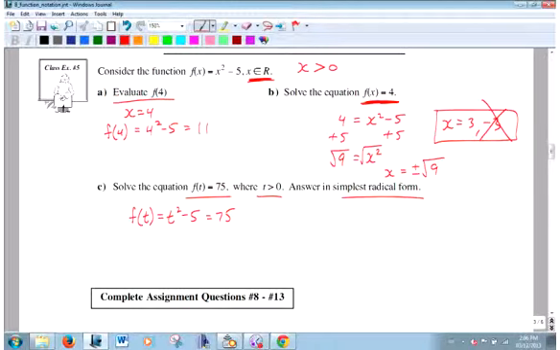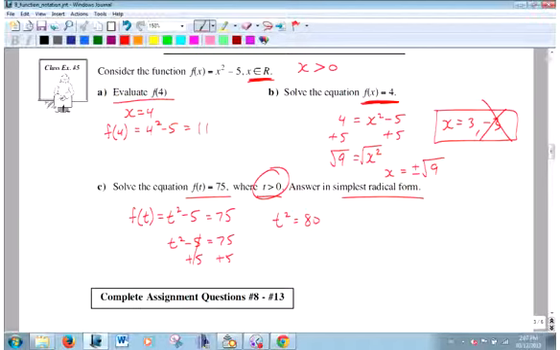So we're throwing two things at you at the same time. First, we're changing x to t, then we're telling you the value of the function. So t squared minus 5 is 75. How do I solve this for t where t is positive? Well, add 5 to both sides. So t squared is 80.